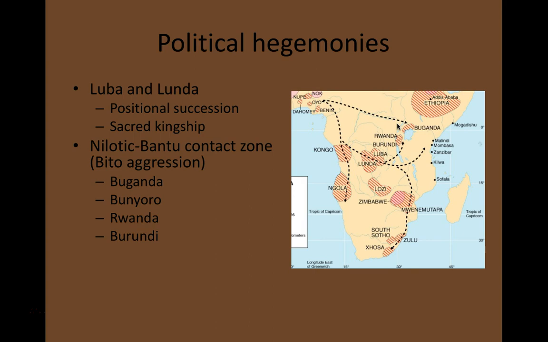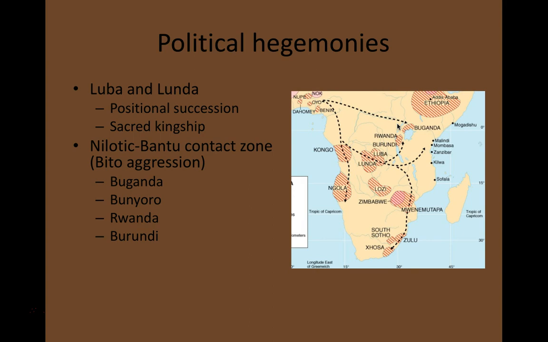So the king of Rwanda, the king of Burundi, were pastoralists. They were herders, and ruled over a population that was predominantly agriculturalist. And there was a kind of minority group, maybe 10 to 15% of the population or so, who tended to have greater authority because they were also pastoralists.